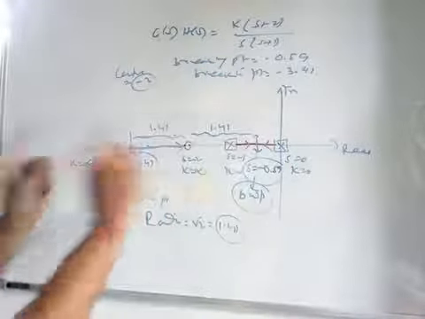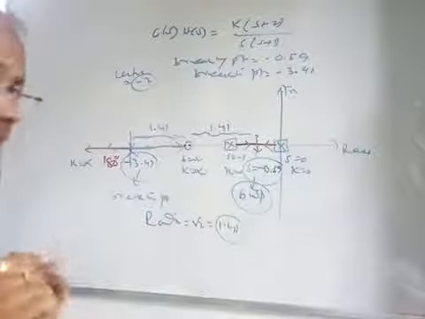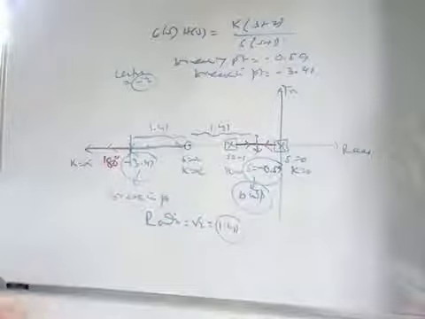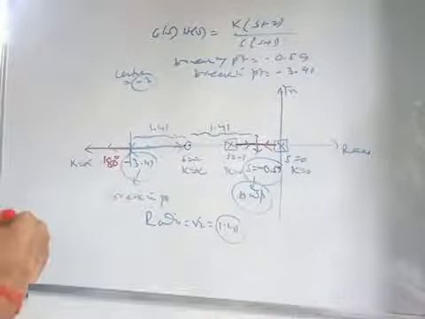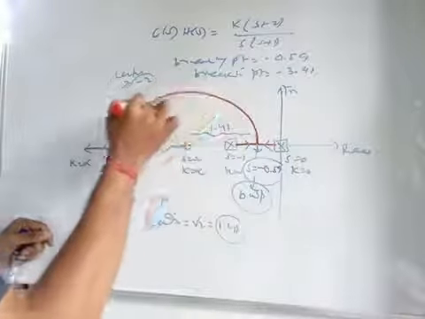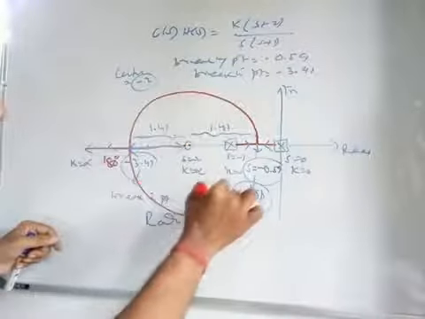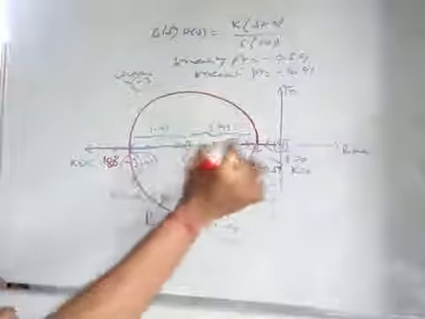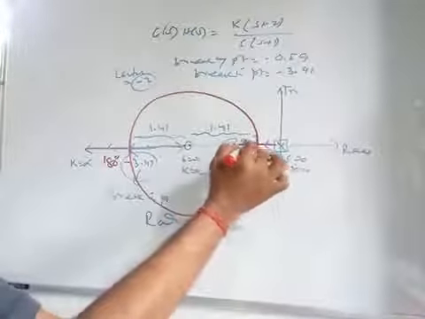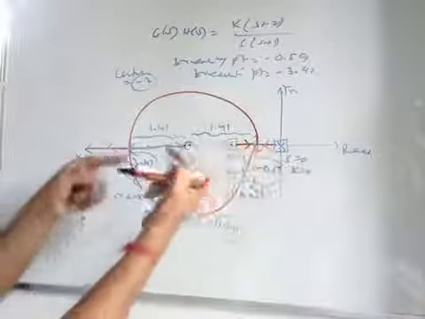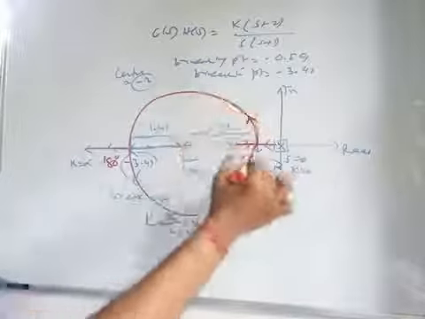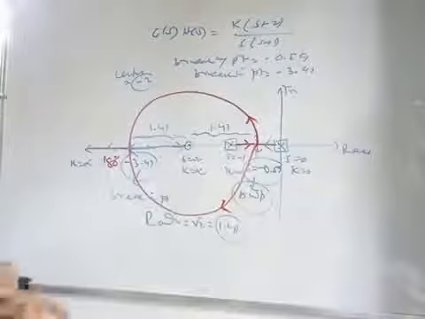So the breakaway point is -0.59, and from the calculations the break-in point is -3.41. The breakaway point and break-in point occur together, and you get a structure like a circle. That means a pole starts from here, moves toward the breakaway point, where it leaves the real axis, and one branch goes in one direction and the other branch goes in the other direction.